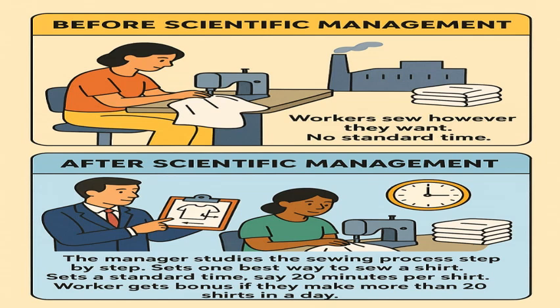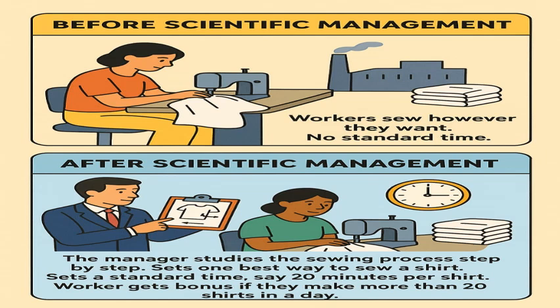Workers were sewing sweaters, shirts, jackets, trousers, and baby clothes however they wanted, with no standardized time fixed for the workers. After the introduction of scientific management, the manager studies the sewing process step by step and sets one best way to sew a shirt, and sets a standard time, say 20 minutes per shirt. Then workers get a bonus if they make more than 20 shirts in a day.